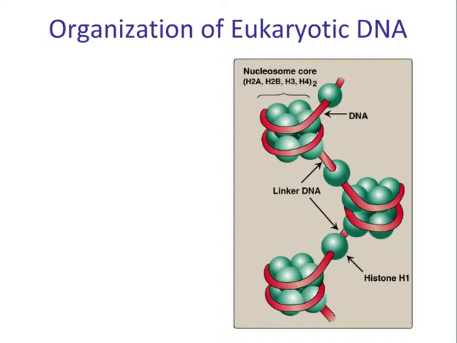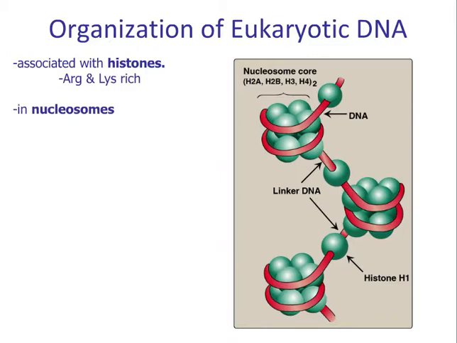The DNA within a nucleus of a eukaryotic cell is organized in chromatin composed of DNA and small basic proteins called histones. Histone proteins are very rich in lysine and arginine residues. This abundance of positively charged amino acids allows for tight electrostatic interaction between the negatively charged phosphate backbone of DNA.